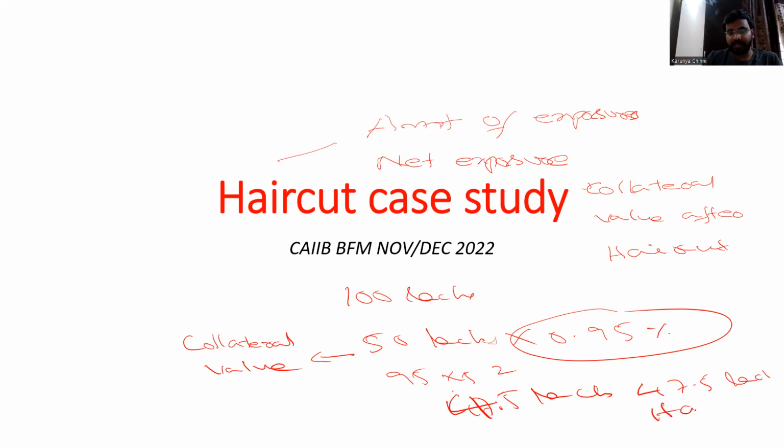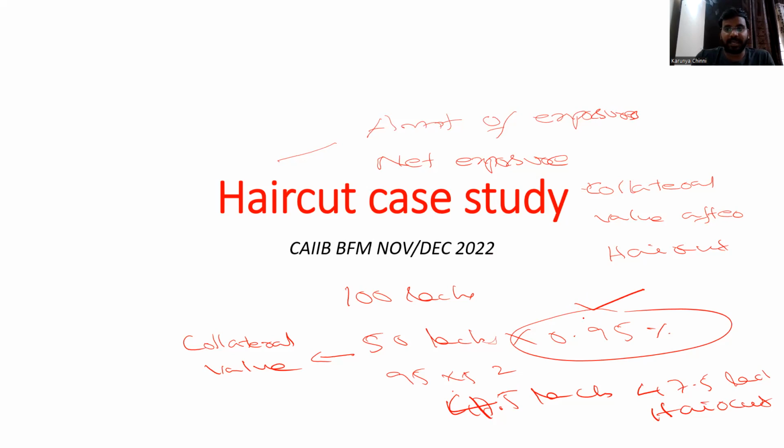So after haircut, what is this cutting? This cutting is for future fluctuations. We take this haircut into account because of future fluctuations in the market. Usually we consider margins in a similar fashion. Here, the cut means we are keeping in mind the future fluctuations.